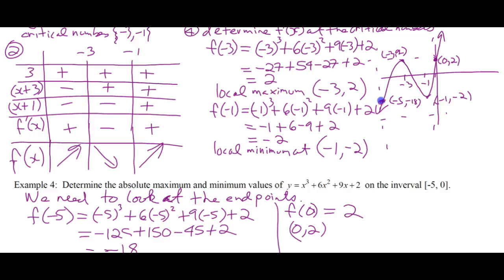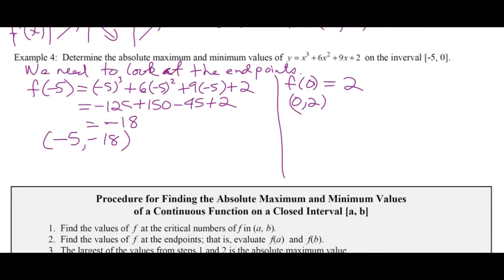The function begins and ends on the red dots. So what is the absolute minimum value? -18, right? The absolute minimum value is -18 when x equals -5.